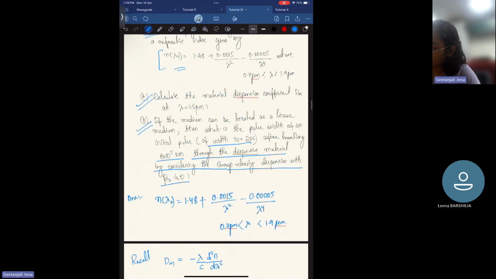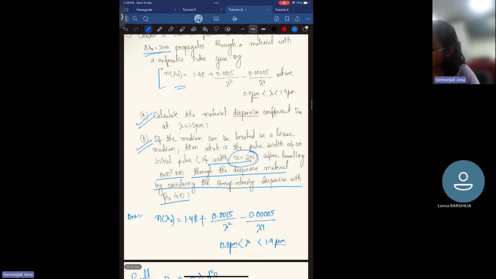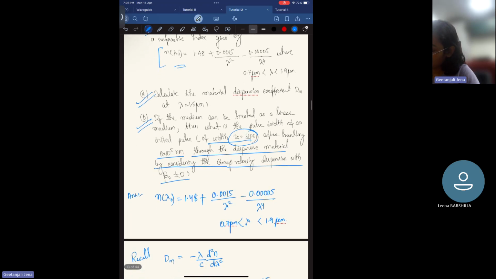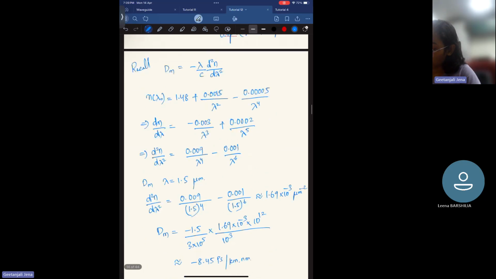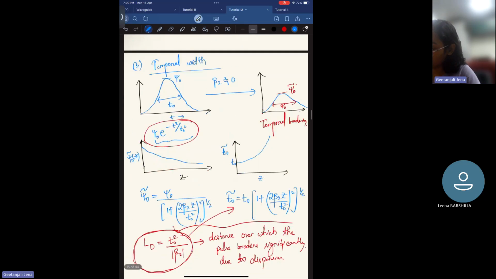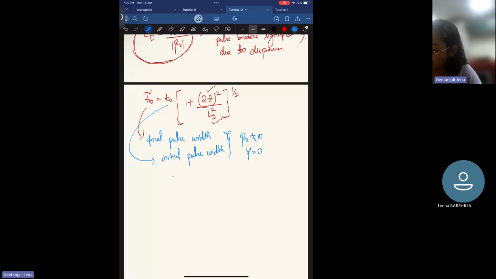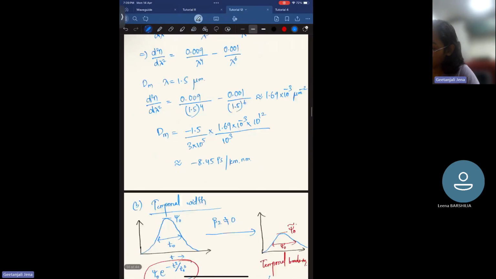T0 is already given, 2 picosecond. LD we can calculate. LD is T0 square by mod beta 2, so we need beta 2 for our case because z is known.